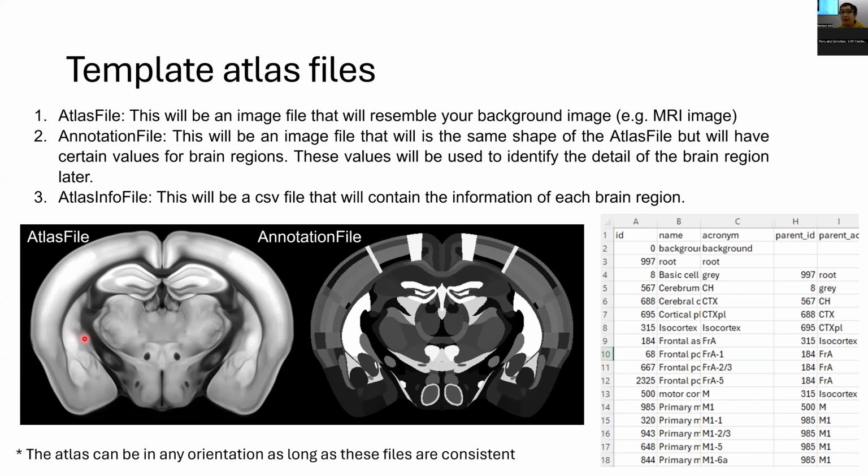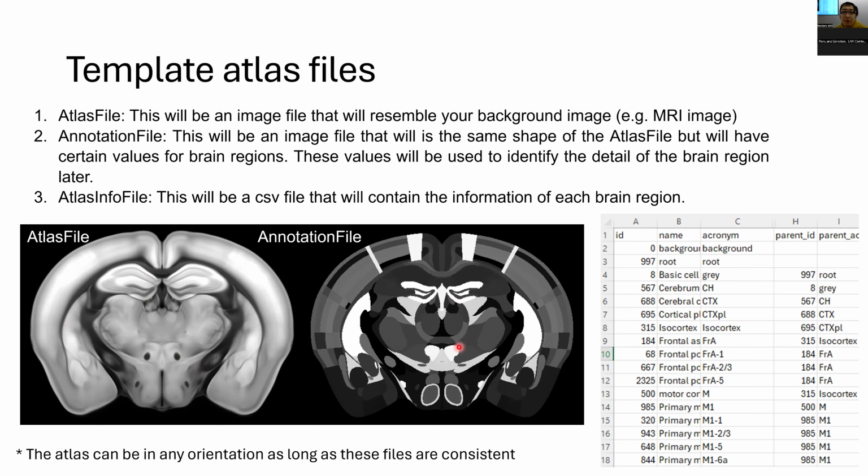This is what your brain will actually be aligned to. You can see that there are a lot of landmarks, like this hippocampal structure or these commissures and ventricles. So these key landmarks should be present in your autofluorescence image as well, because the elastix transformation algorithm will be using these landmarks to align your brain images onto the atlas.